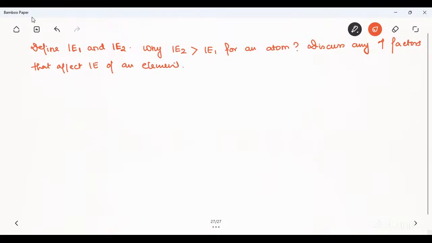Okay, so how to write this answer? We know what is IE. What is IE first of all? IE is ionization enthalpy. What is ionization enthalpy? It is the amount of energy required to remove the most loosely held electron from an isolated neutral gaseous atom to convert it into a gaseous ion.